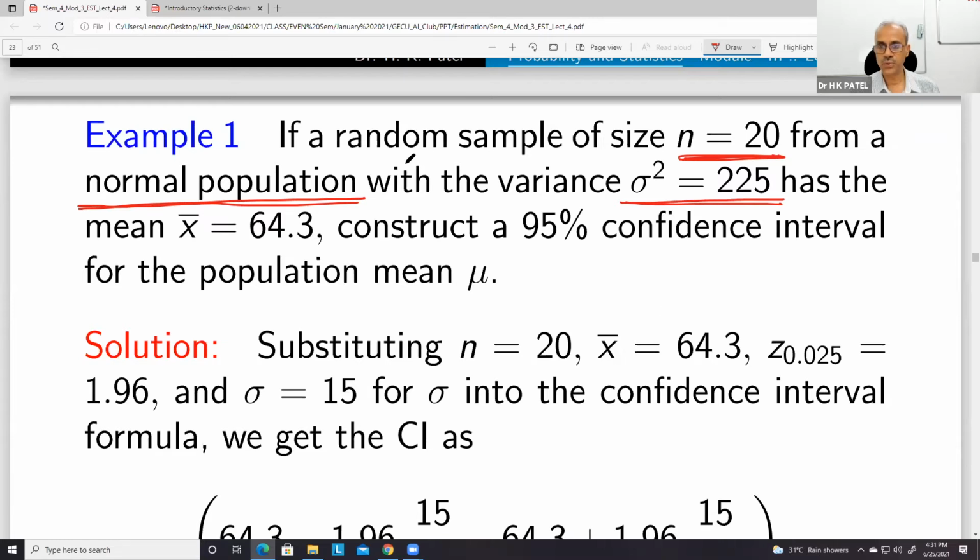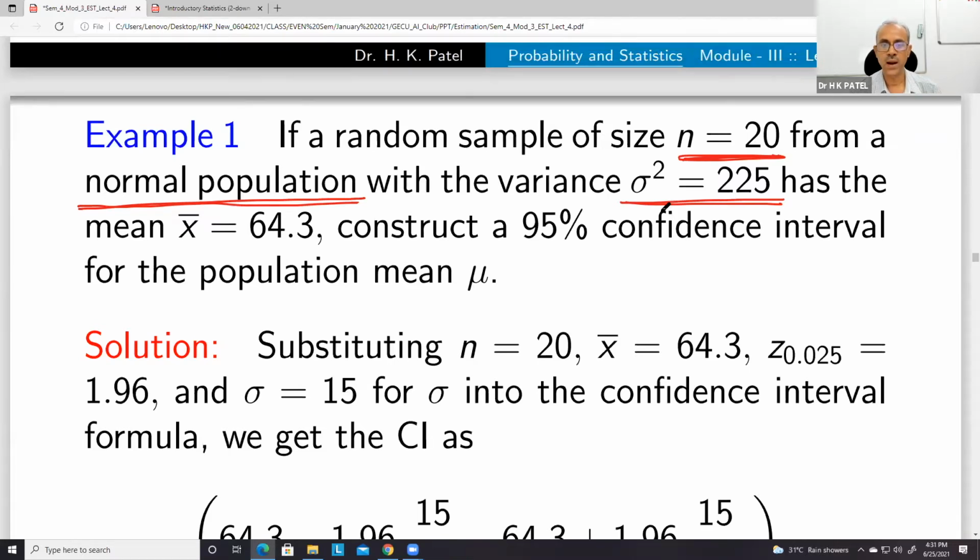So from this we can use the Z test or Z curve to find the confidence interval, because the population is normal. In the assumption you can see that we have assumed the population is either a normal population or the sample is a large sample.